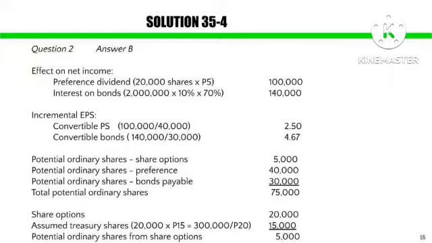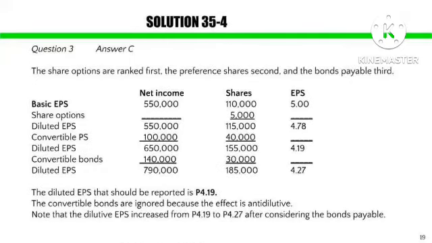Yan po yung ordinary shares po natin na upon conversion is nagkaroon po ng 40,000, and the bonds payable po na ito po yung incremental shares upon conversion po na 30,000. I-add lang po, we have a total number of 75,000 potential dilutive ordinary shares.